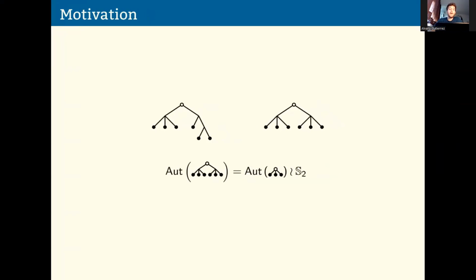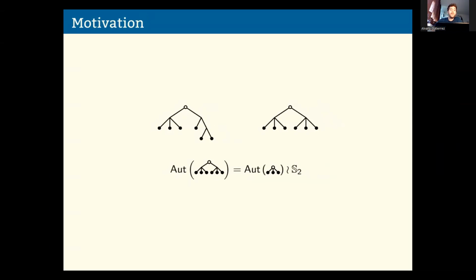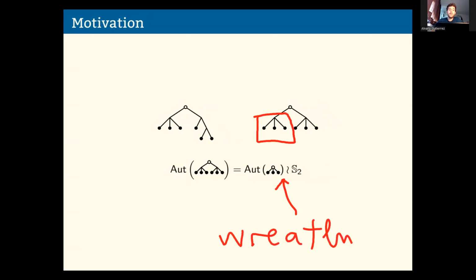So what I mean by that is that the automorphisms of this tree is going to be the automorphisms of this smaller block, wreath product S2, because, sorry, that's an H. Wreath product with S2, because we can sort of imagine it's a tree like this.